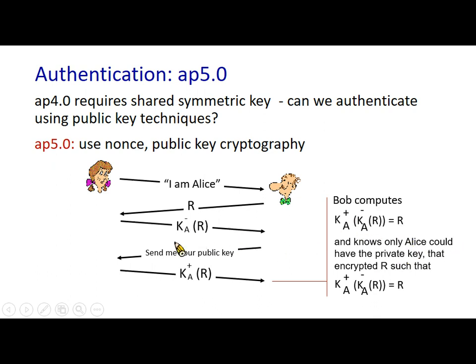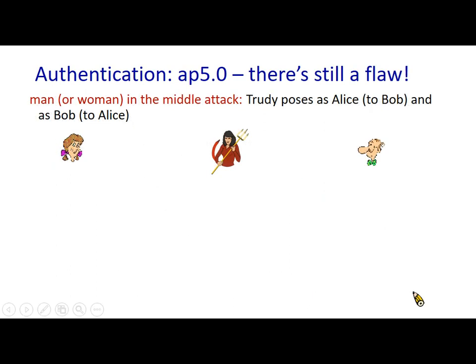Only Alice has the private key. Then the encrypted R should use the private key and public key together. So in authentication AP 5.0, there is still a man or woman in the middle attack.